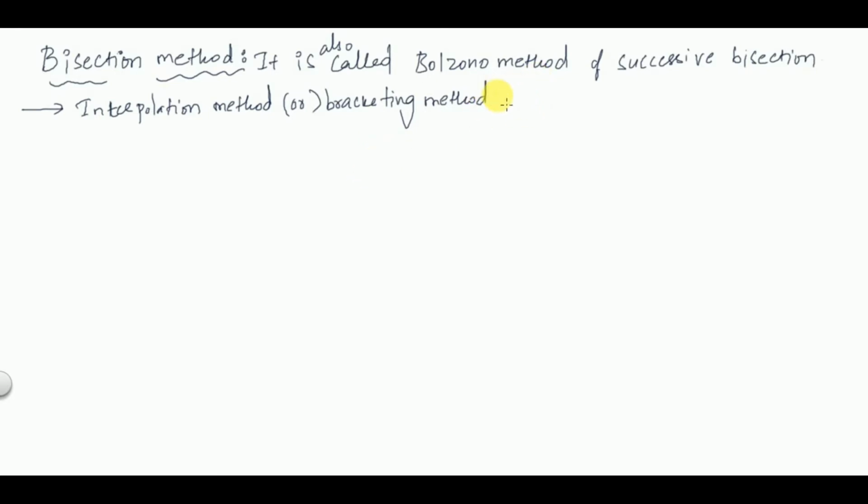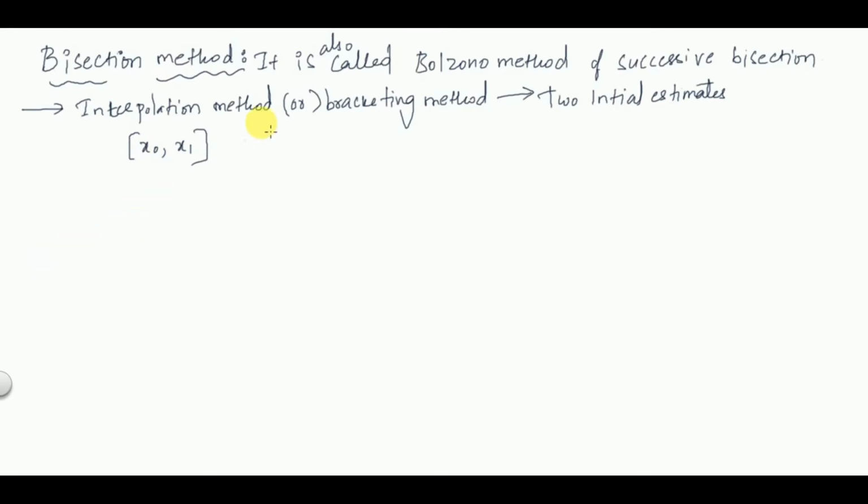In this interpolation method, as I have told you already, we are taking two initial estimates. I am assuming those two initial estimates as x0 and x1.